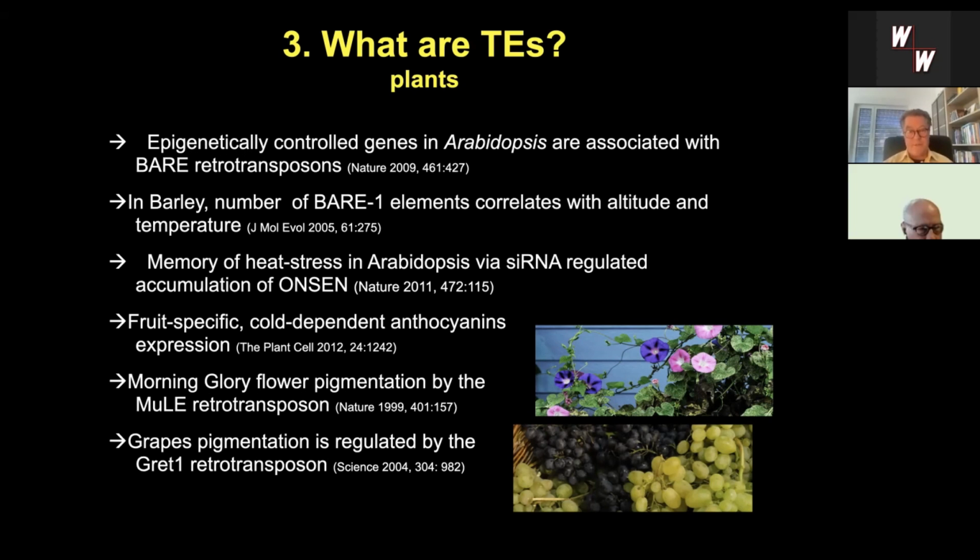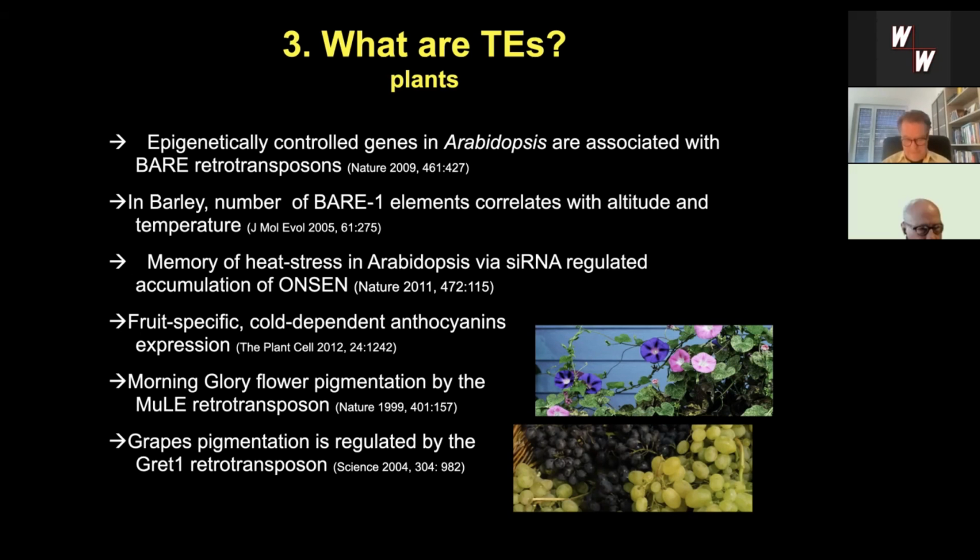And also in plants, we see these mechanisms active. We see that they control epigenetically the genes of Arabidopsis. These are then associated with these retrotransposons. Well, we can go, in fact, on and on and on. And more papers appear in this field that show that the variation in plants is mainly due to the activity of transposable elements.